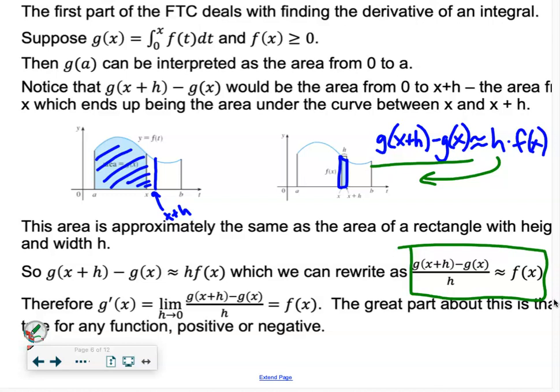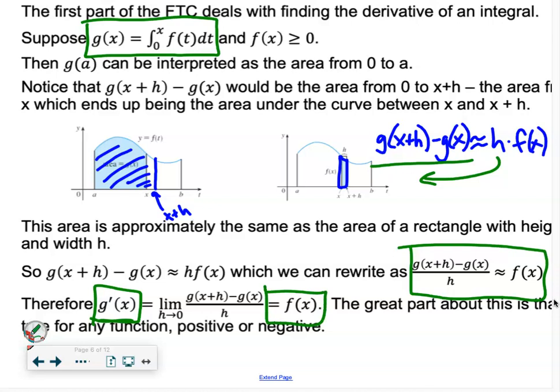All right? But what does the limit as h approaches 0 of g of x plus h minus g of x over h equal? That's g prime by definition, right? So what we've just said is if g equals this, and actually this could be any value, it doesn't have to be 0, it could be any a, then g prime equals f of x.